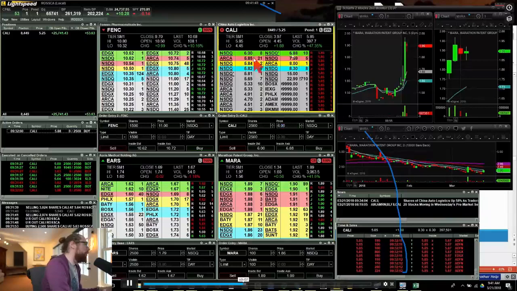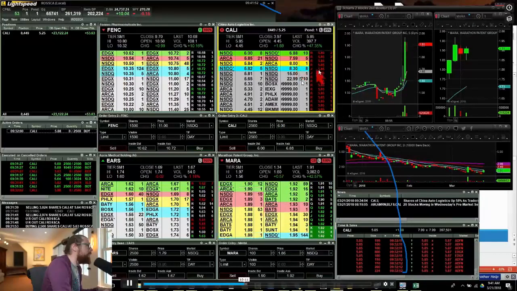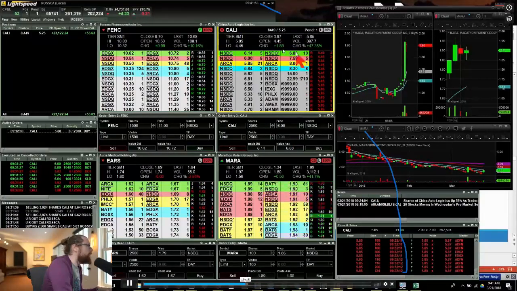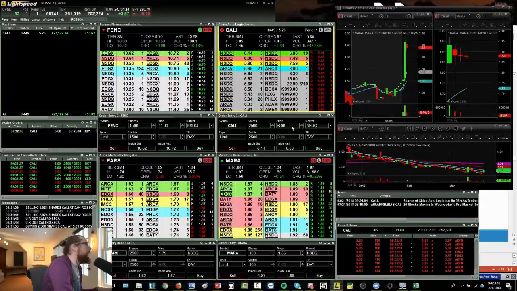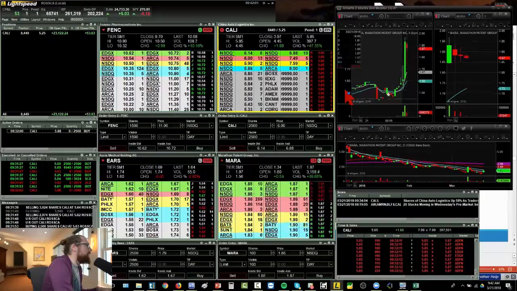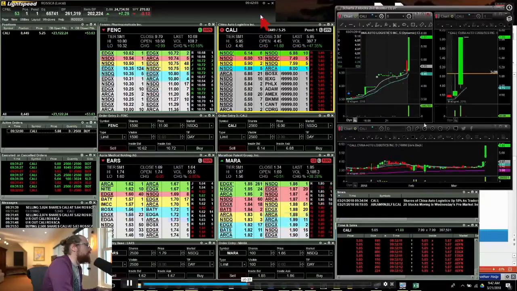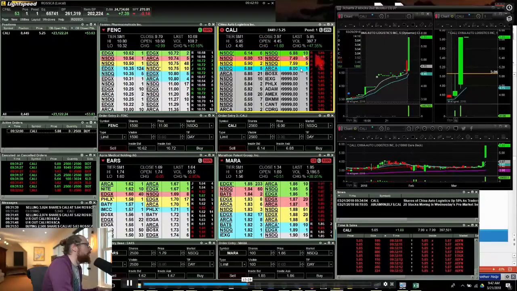So now we're looking at $5.85, $6, $6.88. Doesn't necessarily look like it's going to be a big gap as we're coming within 10 seconds of resumption. All right, so we've got 10, 9, 8, 7, 6, 5, 4, 3, 2, 1. So we should resume here.